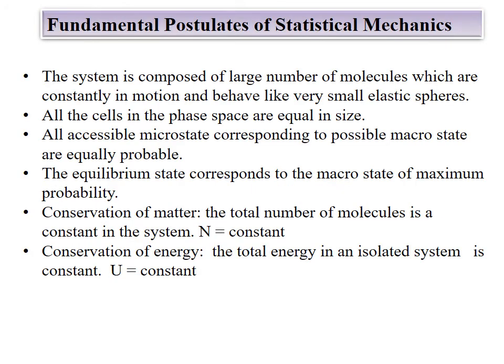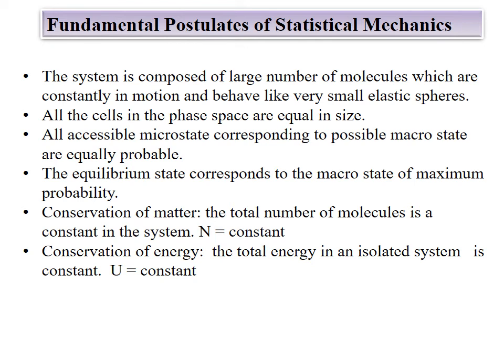The fundamental postulates of statistical mechanics. The system is composed of a large number of molecules which are constantly in motion and behave like small elastic spheres. The second postulate is all the cells in the phase space are of equal size. The third one, all accessible microstates corresponding to a possible macrostate are equally probable.